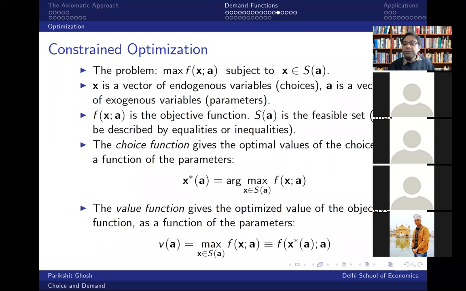Sir, we are saying that A is a set of exogenous variables, while X is a vector of endogenous variables. So why we are... Sorry, you're cutting off a little. You got a little bit cut off.